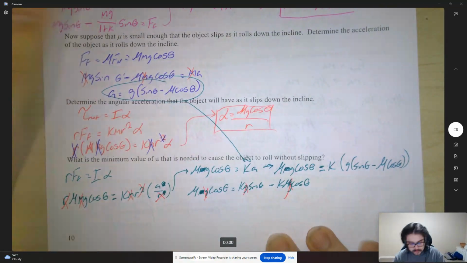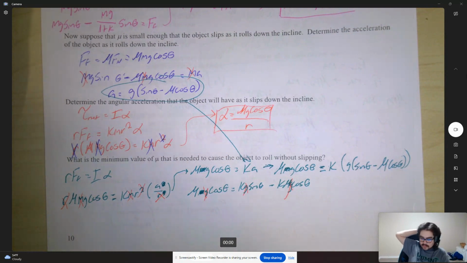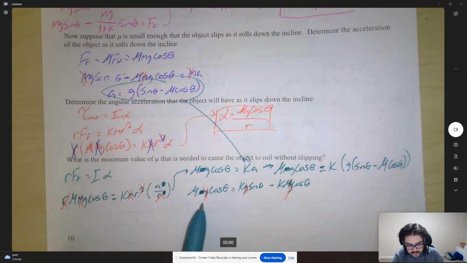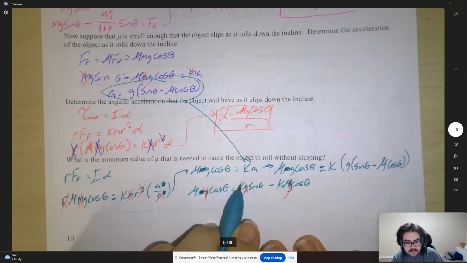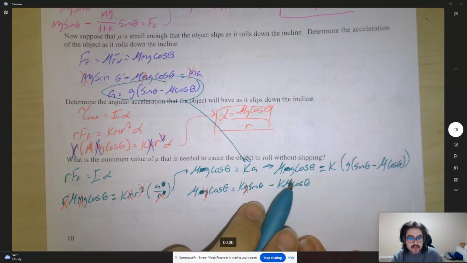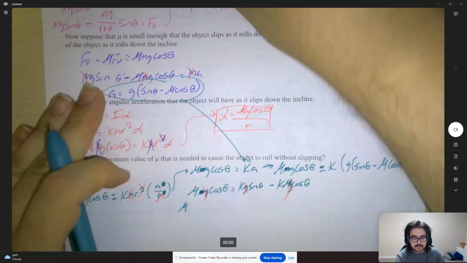I'm so tired. Okay. Mu cosine theta equals k sine theta minus k mu cosine theta. I'm going to get mu on one side, so I'm going to add that term to the left side.